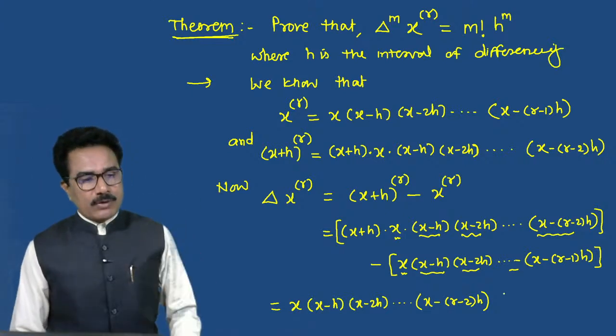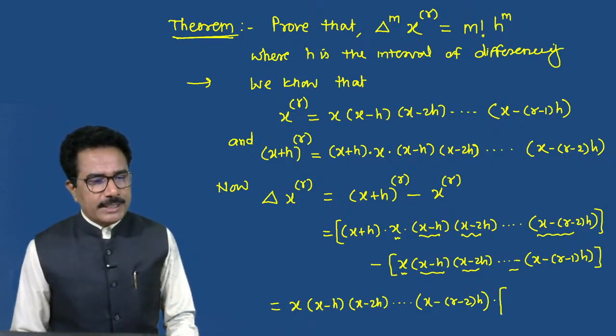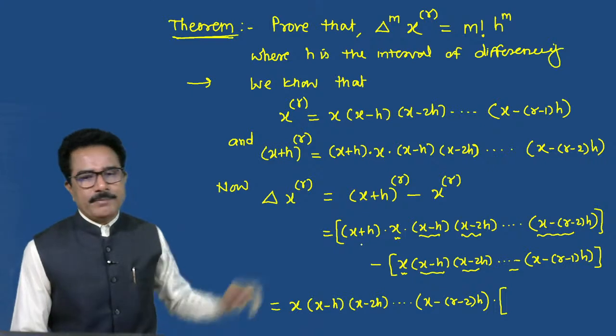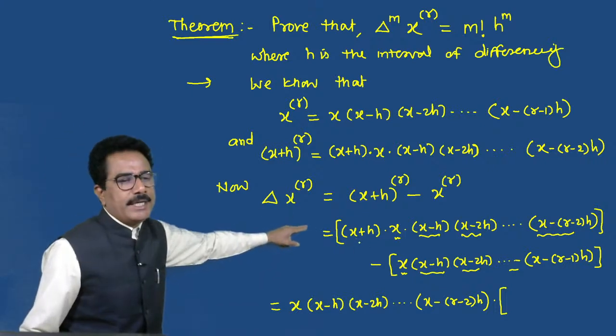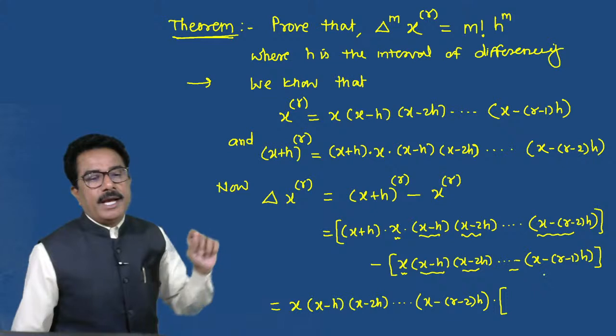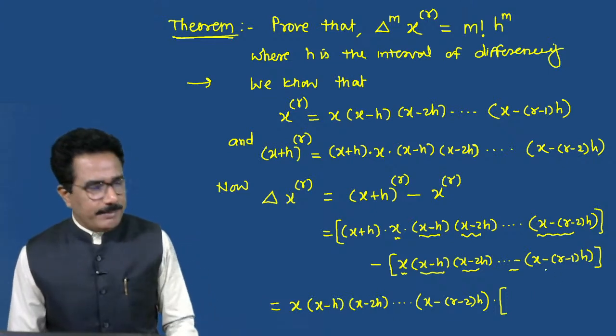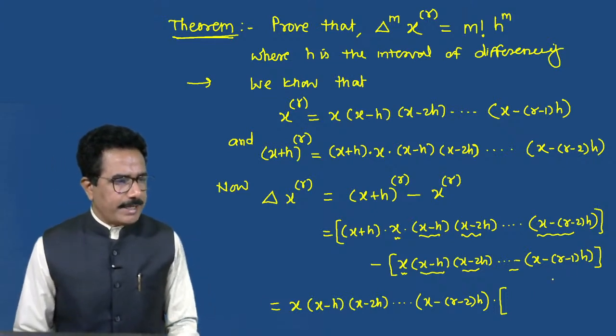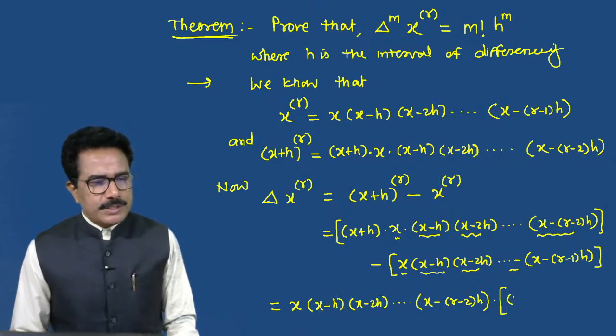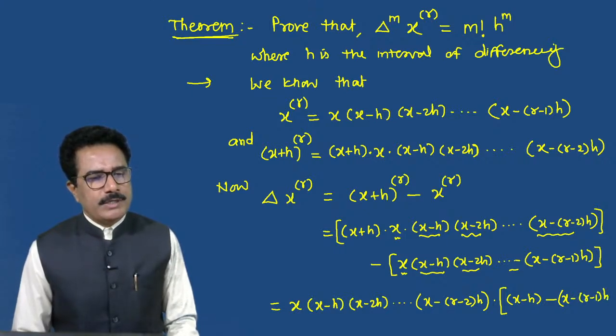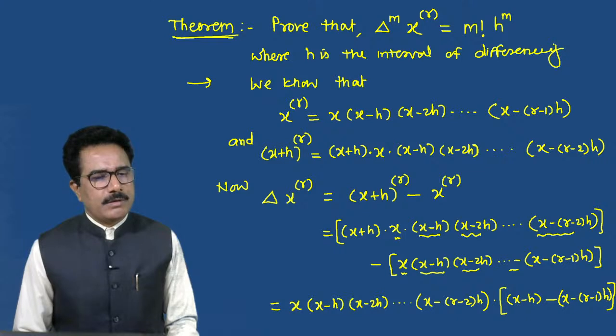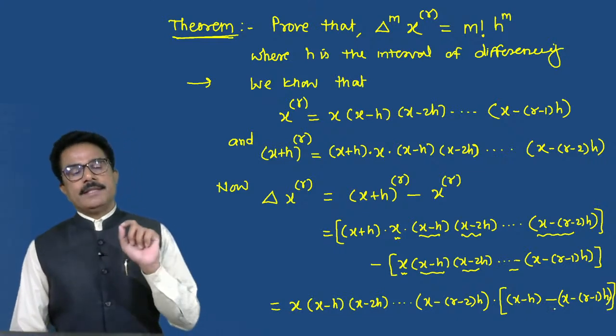These are the total common terms. Into the remaining terms. In the first bracket the remaining term is x plus h, and in the second bracket remaining term is x minus (r minus 1) into h. Okay, this is the remaining term.